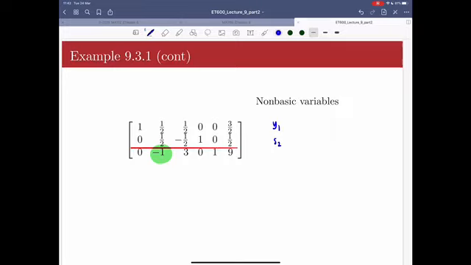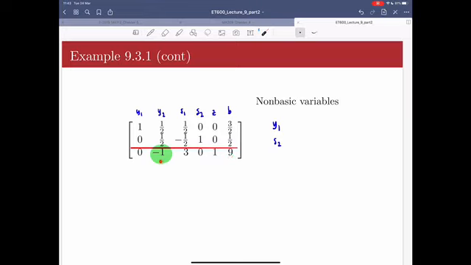If you want to label all the variables up top, that's fine. Variable y1, variable y2, slack variable 1, slack variable 2, z, and b, the constants that appear on the right hand side of each constraint, and also the right hand side of your objective function, which is currently 9.